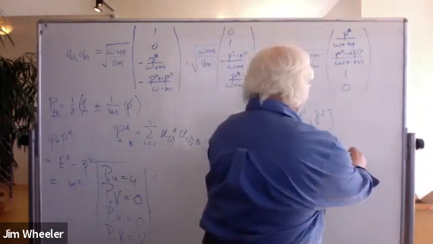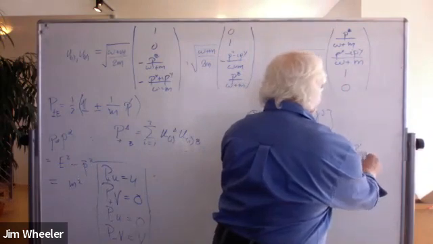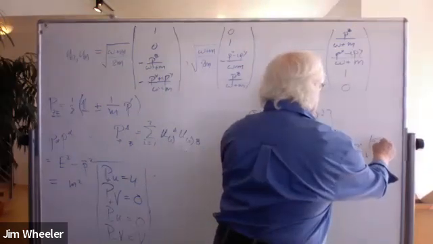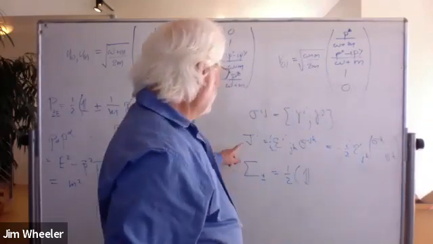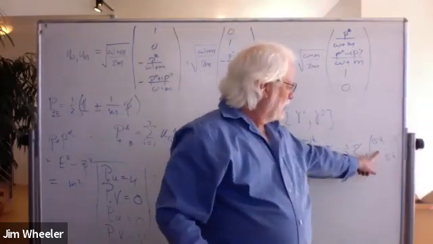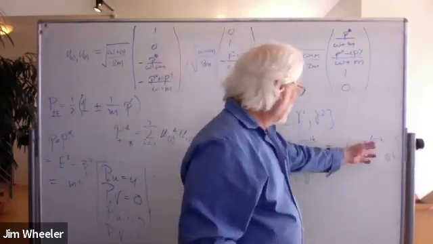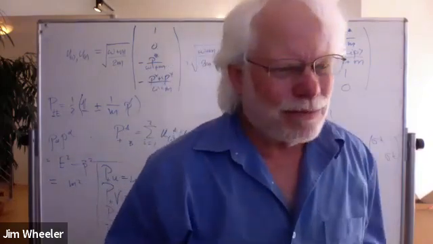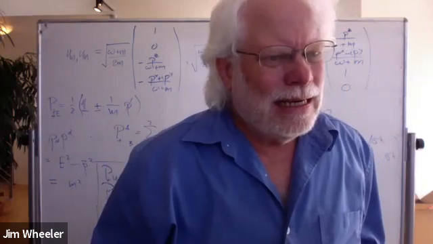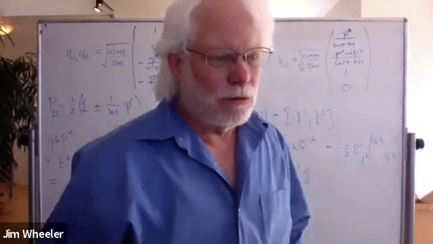This is minus i over 2 epsilon ijk sigma k, like that. So these guys go like the square of those guys. The Pauli matrices all square to 1. So once you get the normalization right, we're looking at something that ought to give us a projection operator.